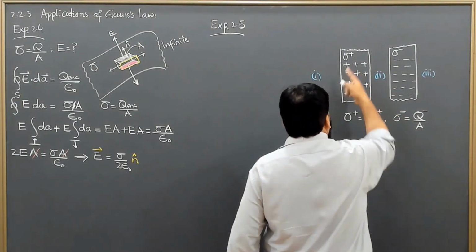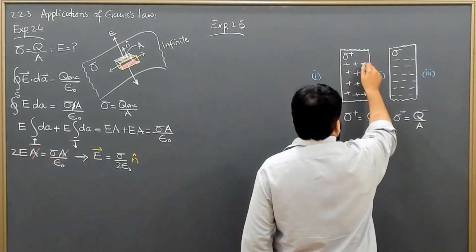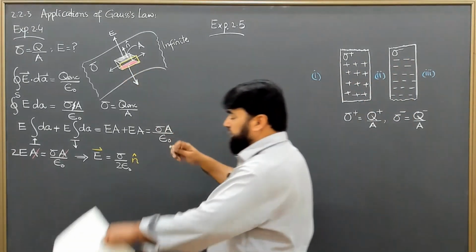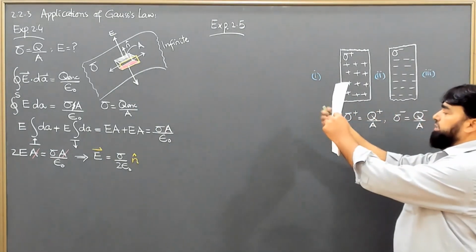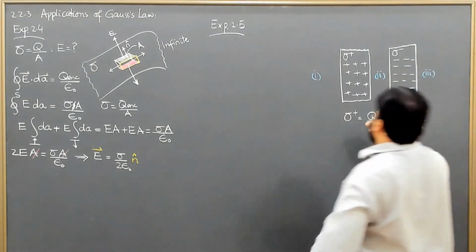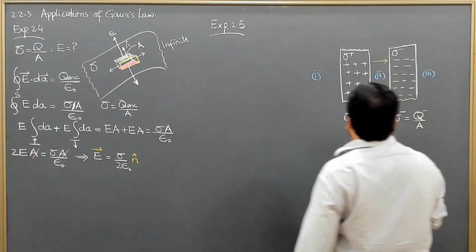The field of this one is out of this sheet, just perpendicular to this sheet. So if this sheet is like this, then its field is in this direction for positive charges. So the positive field here is in this direction.